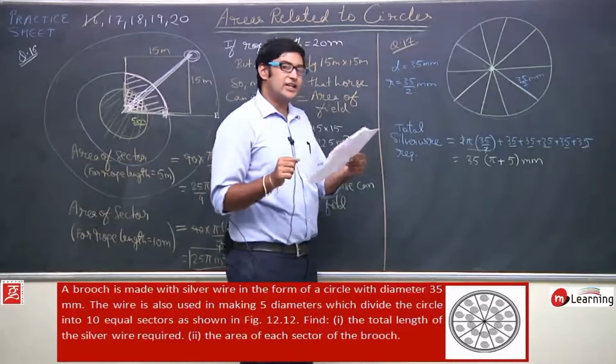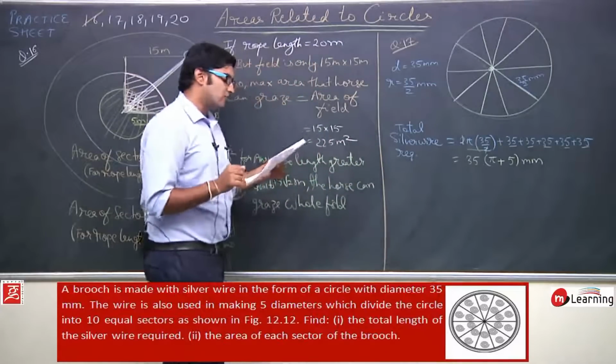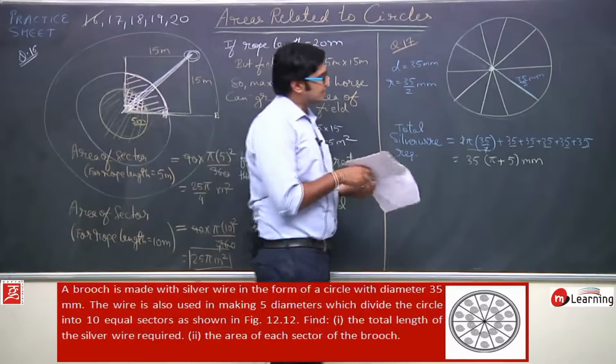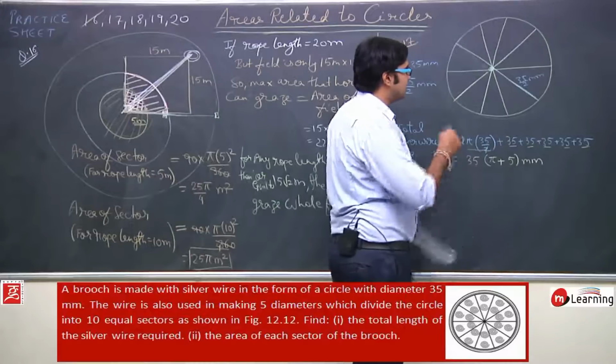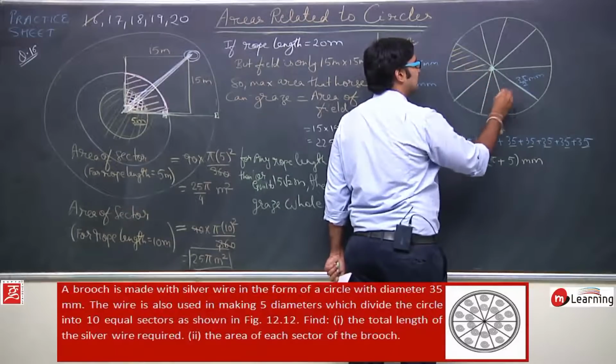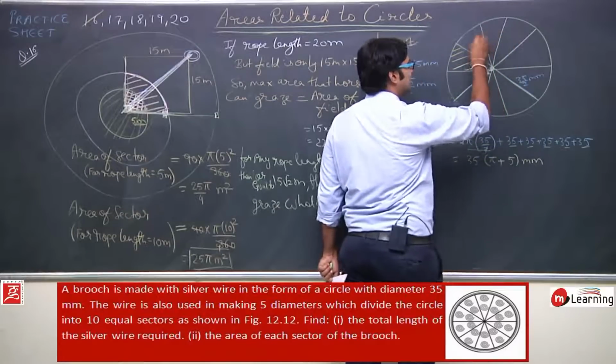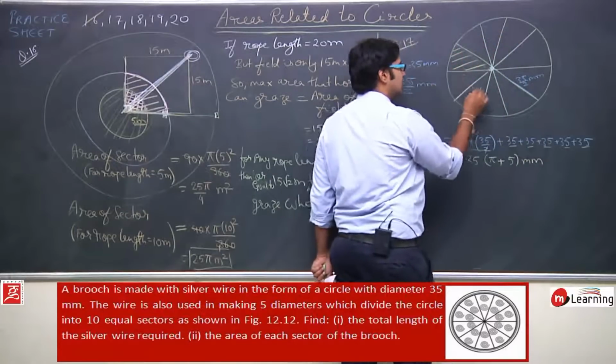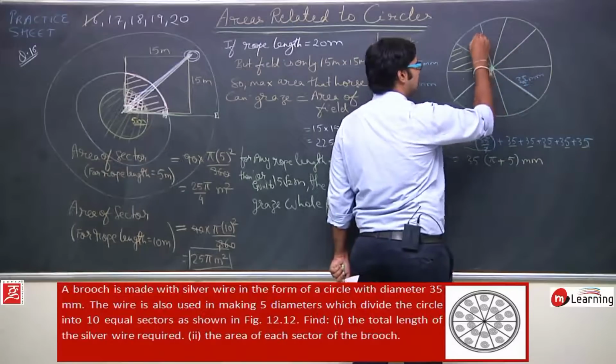Now the second thing that I need to calculate is the area of each sector of the brooch. You can see we have divided this brooch into 10 equal sectors. This is the first sector, this is second, third, fourth, fifth, sixth, seventh, eighth, ninth and this is the 10th.